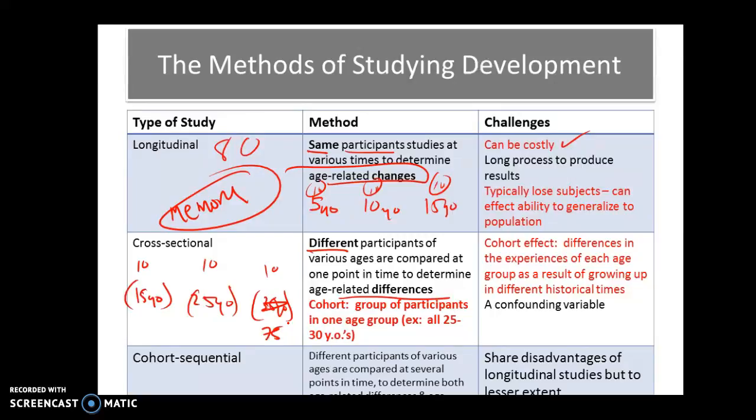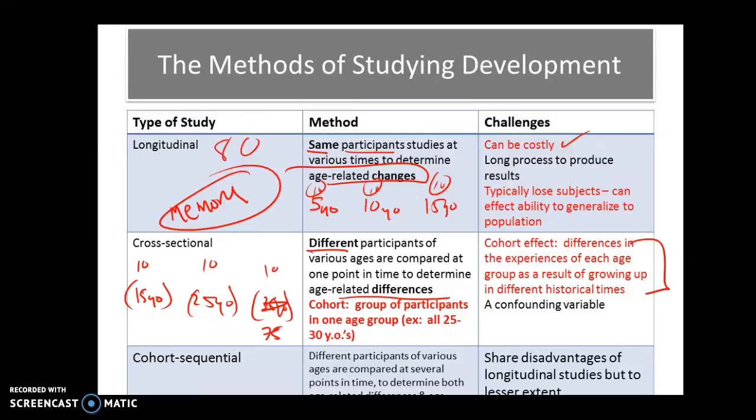Now, the fact that 75-year-olds may not be as comfortable on a computer can impact our results. This is just one example of the cohort effect. So that acts as a confounding variable. That's one of the challenges when we're doing cross-sectional research, is that the cohort effect can influence our results.